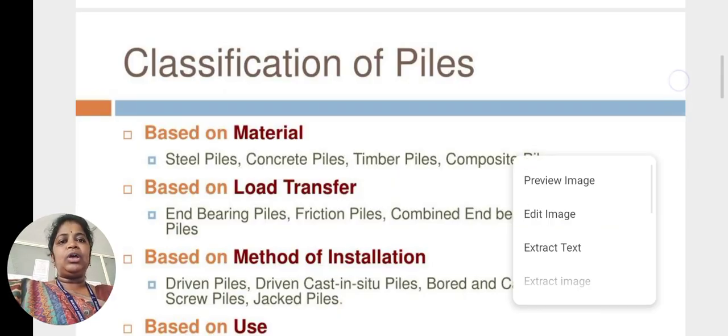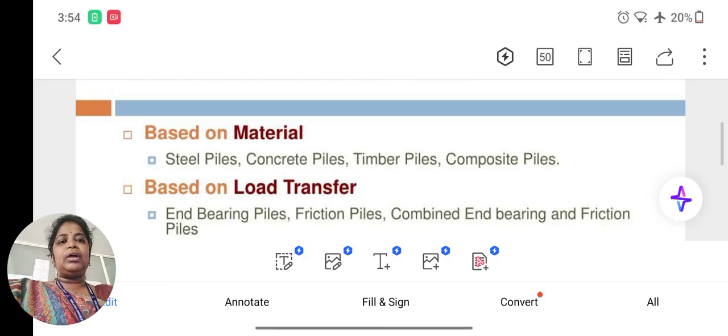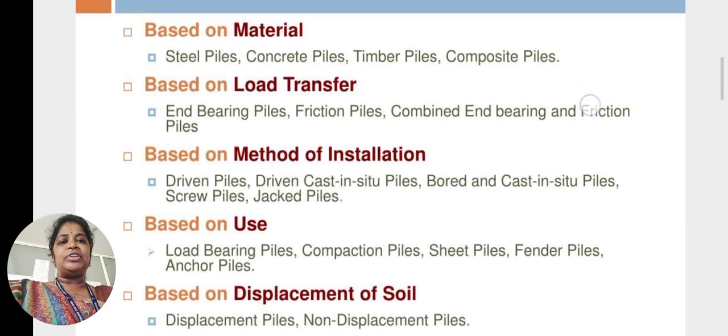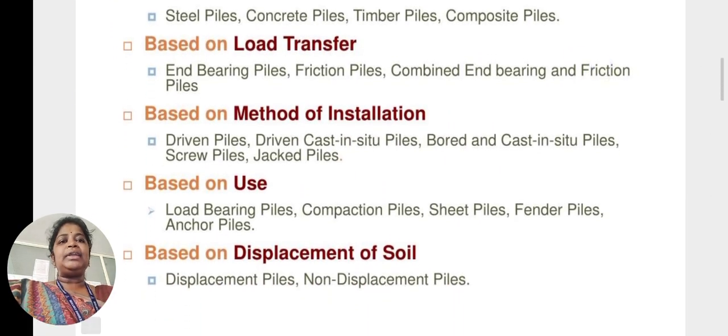And coming to the classification based on method of installation: driven piles, driven cast in situ piles, bored and cast in situ piles, screwed piles, jagged piles. These are the classification based on method of installation. Based on use, piles are classified as load bearing piles, compaction piles, sheet piles, fender piles, anchor piles.